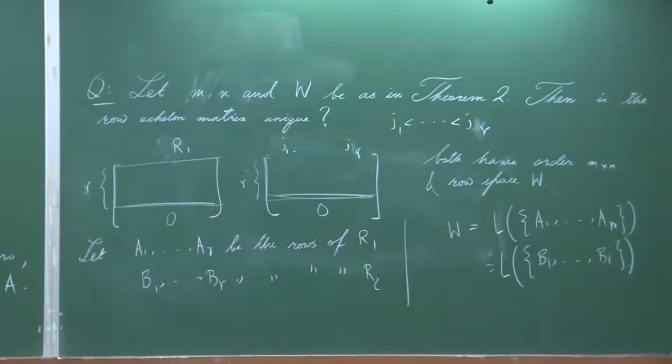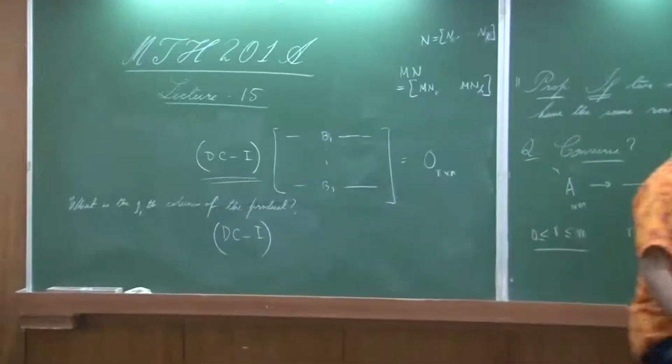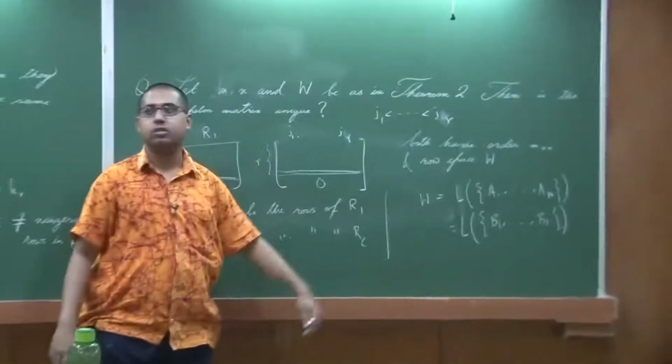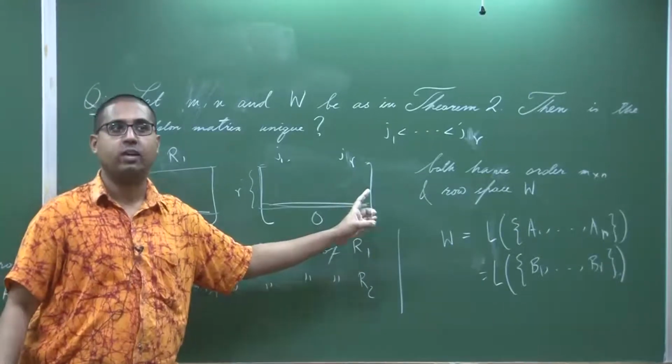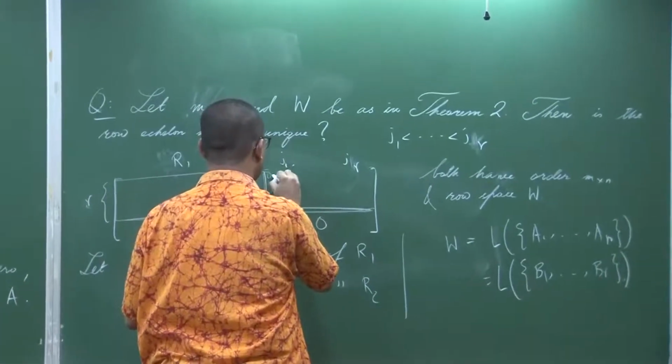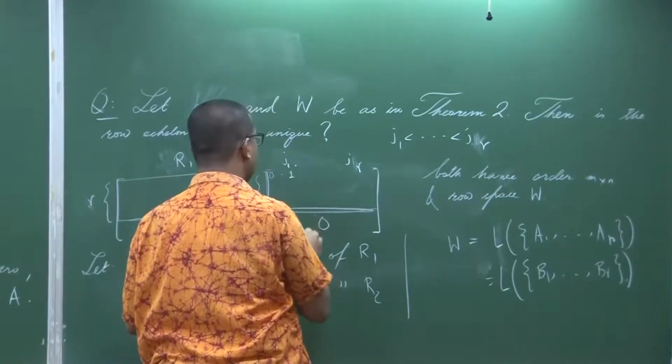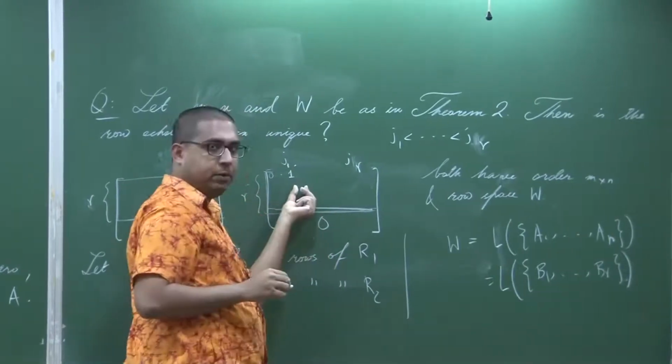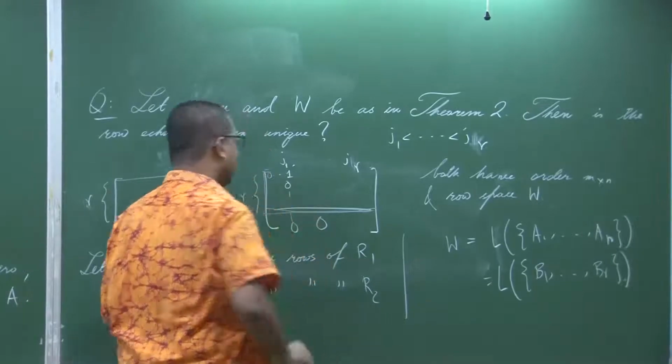Now, what is the J1th column here? This matrix has been obtained by deleting the 0 rows from R2. So the first row, till the J1 position, we have all 0 and the J1 position has the pivot. Therefore everything else below that will be 0.